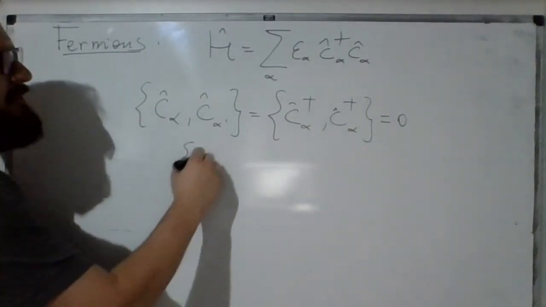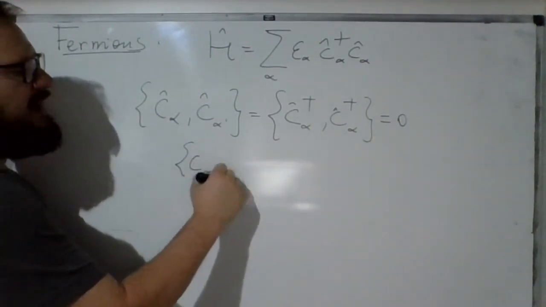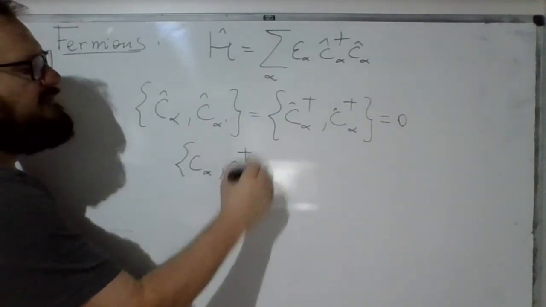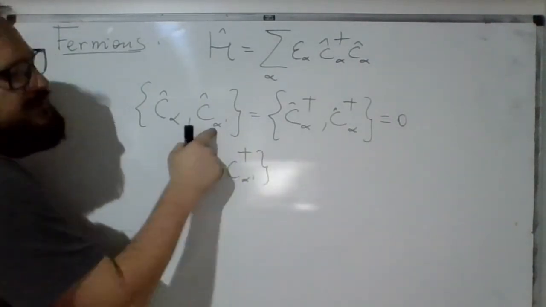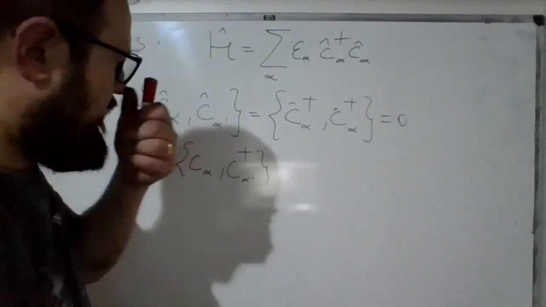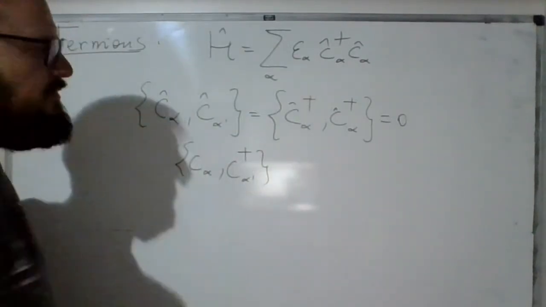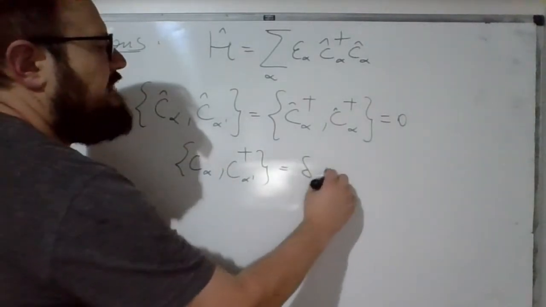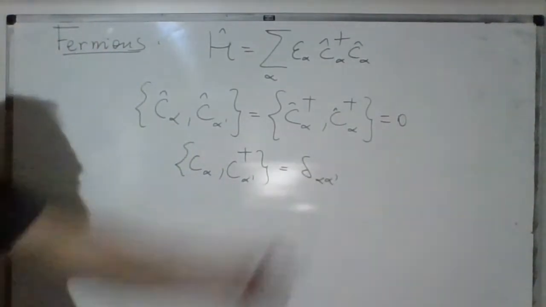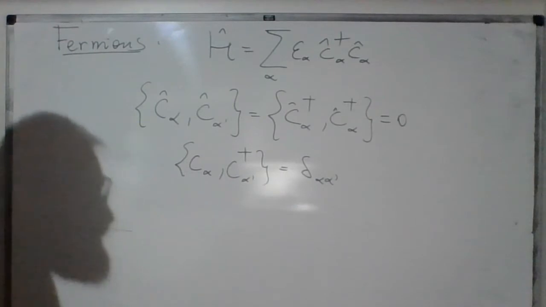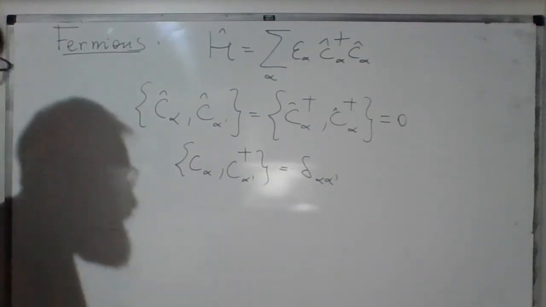But if you pick up a C alpha with a C dagger of alpha prime, I'm avoiding using beta because it is related to temperature, this alpha alpha prime here is a Kronecker delta. Okay, this is fermionic algebra.